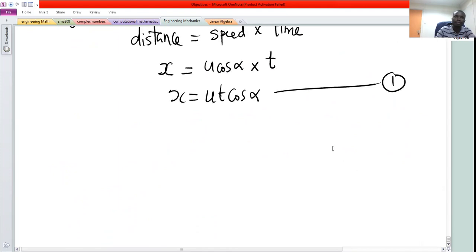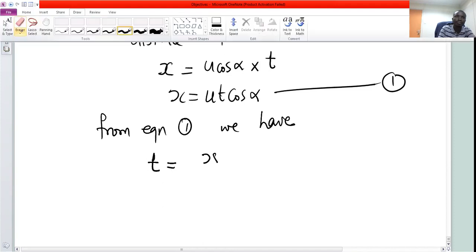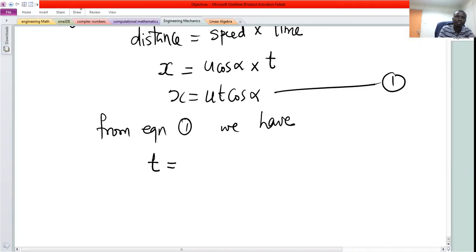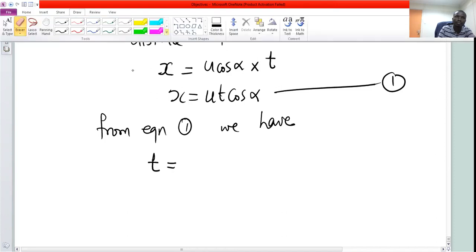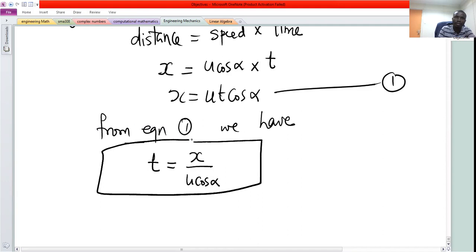Now, from equation 1, t alone will be x over u cos alpha. Call this equation 2.